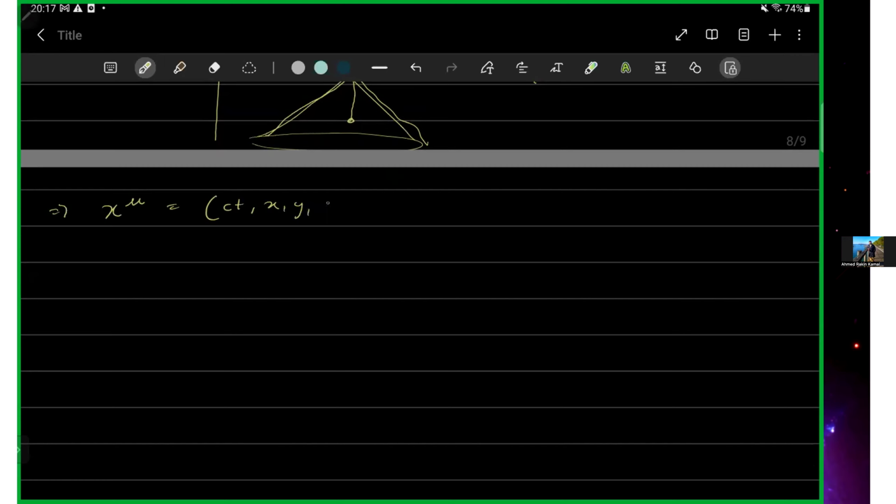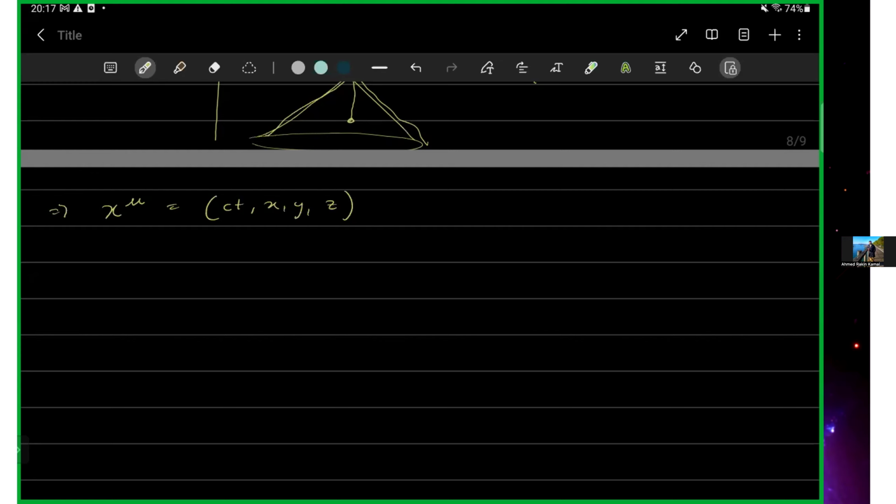So something like this. And the reason why we have c over here is so that dimensionally the 4-vector is correct for both time and space. Because time and space don't really have the same dimensions, right? But if you want to incorporate them into one vector, it should, of course, abide by dimensional analysis and have the same dimensions. And therefore, we have to incorporate c over here.